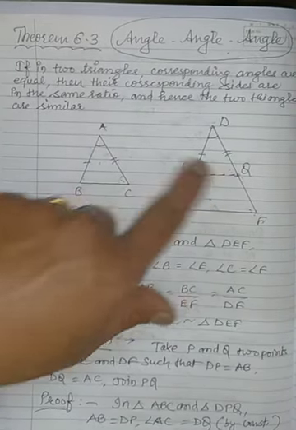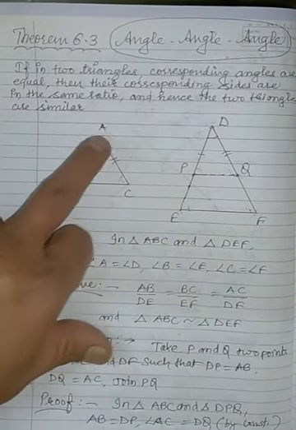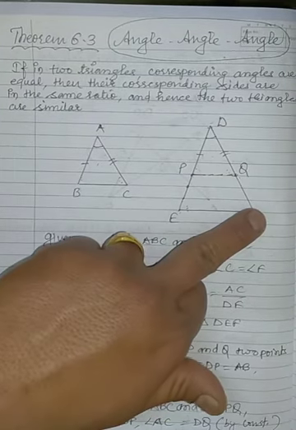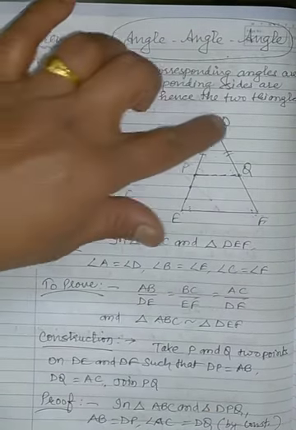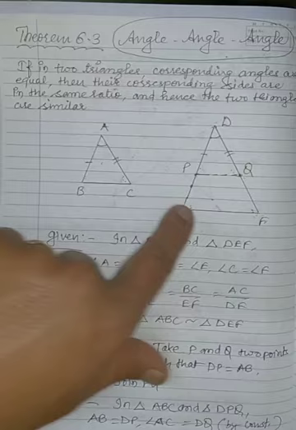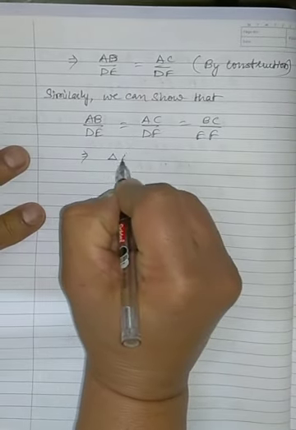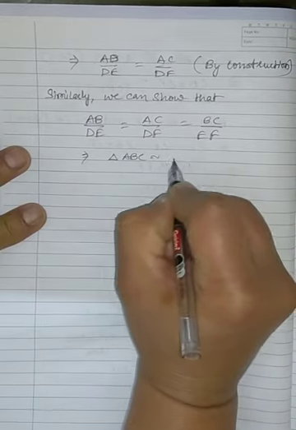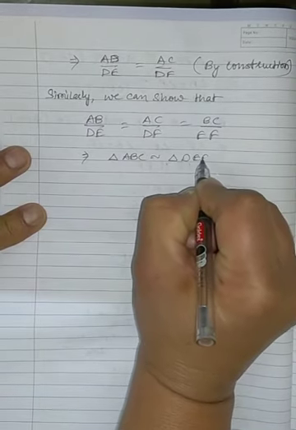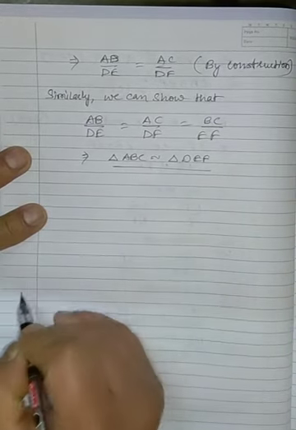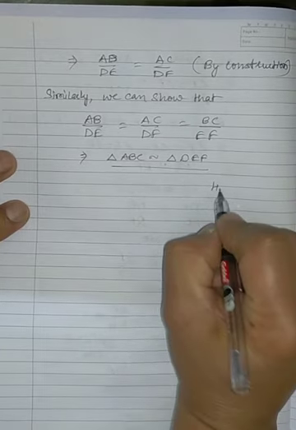That means in these two triangles, we were given their corresponding angles are equal, and we have proved that their corresponding sides are proportional. And that's why the two triangles ABC and DEF are similar. Hence, proved.